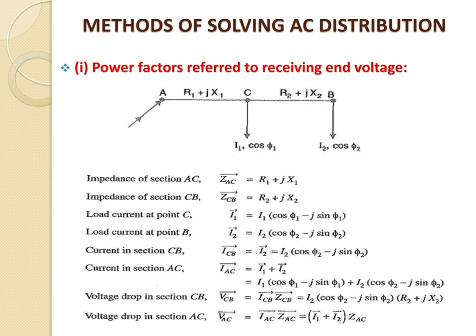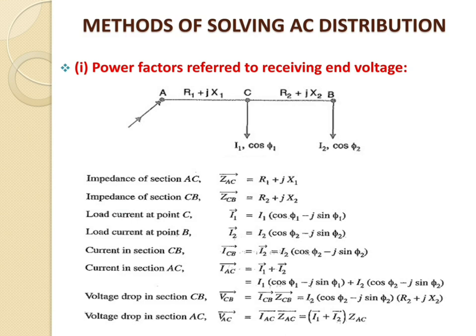So now we are going for the equation for the individual sections. The first equation is the impedance of section AC, given by ZAC. The arrow indicates that this is an AC system, which indicates the magnitude as well as direction.